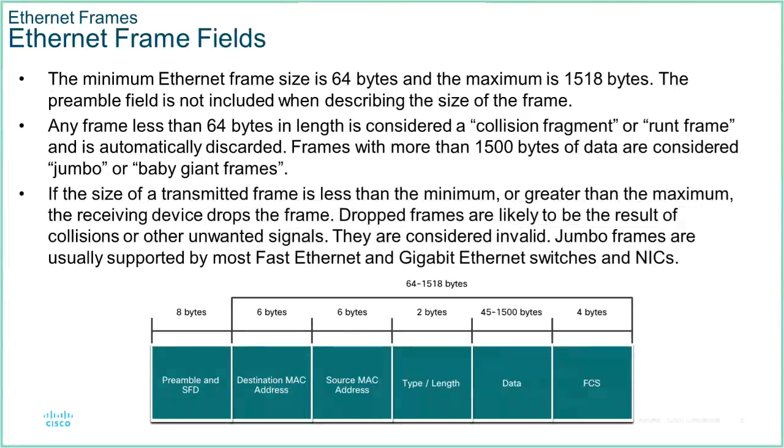Alternatively, if frames are 1500 bytes and more, then they're considered jumbo frames, and not every device can handle jumbo frames. So basically, frames are dropped if they're too small or too large.